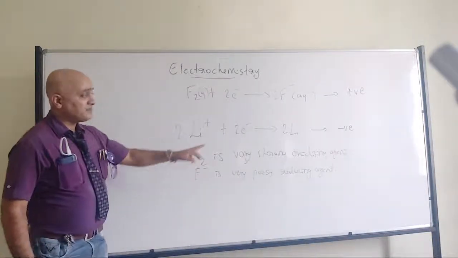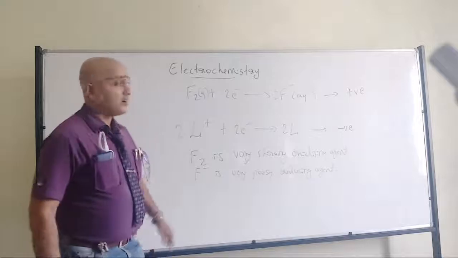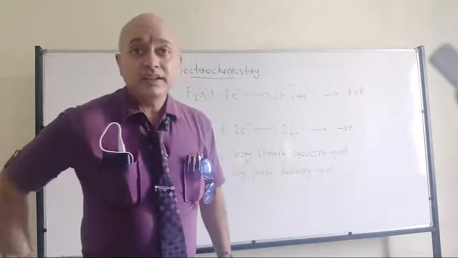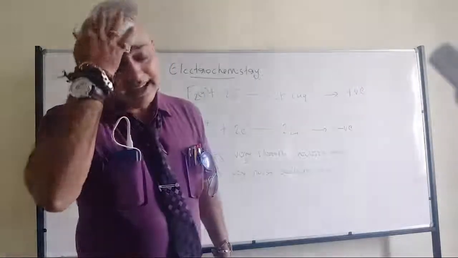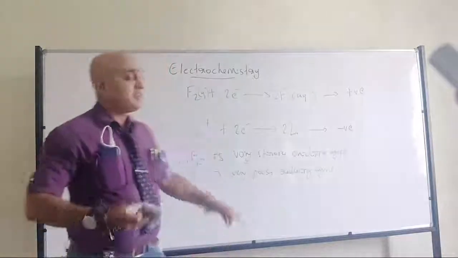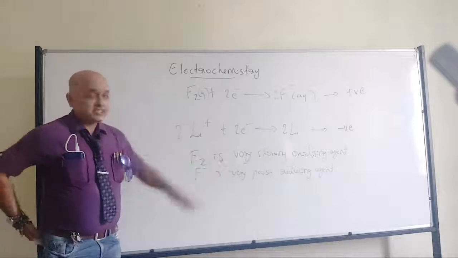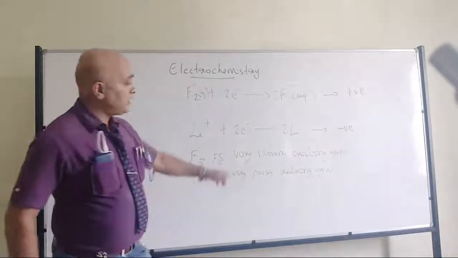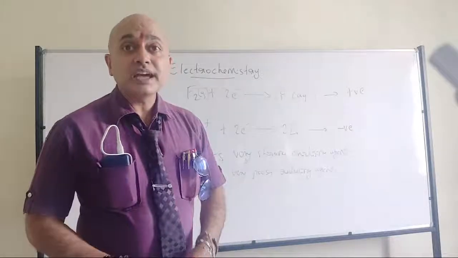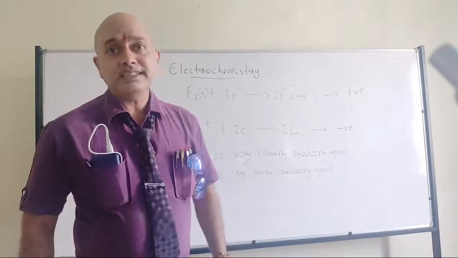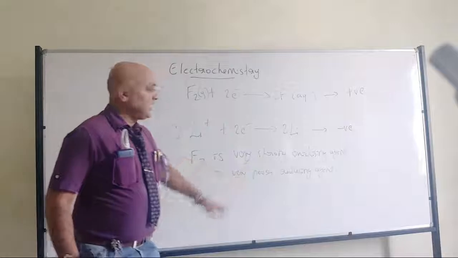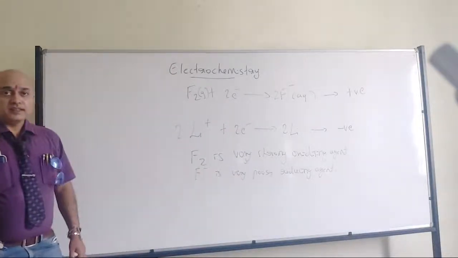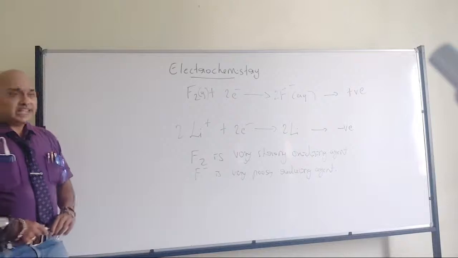Fluorine gas is a very strong oxidizing agent because it will take electrons from other elements easily. So it oxidizes the other elements; it is a very good oxidizing agent. But on the other side, fluoride is a very poor reducing agent because it is not going to donate the electron easily. Now what about lithium plus?